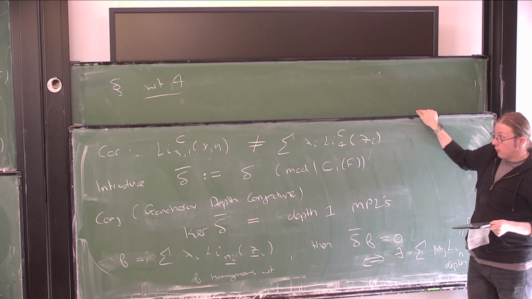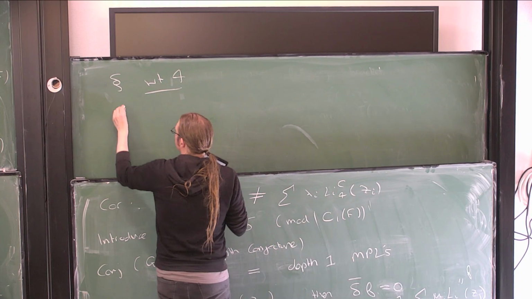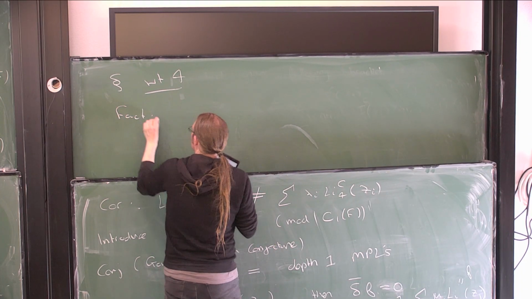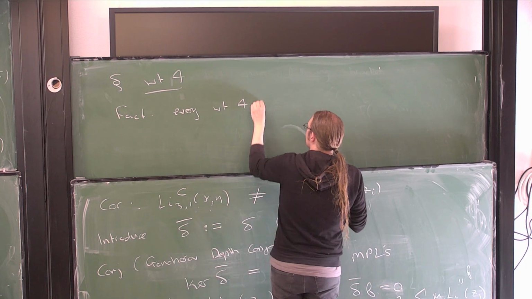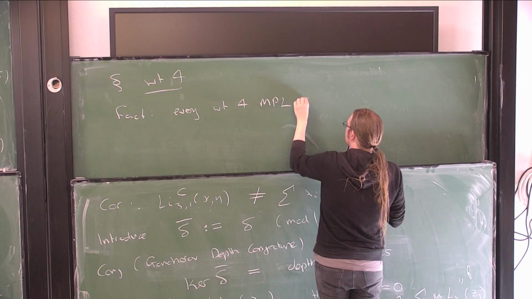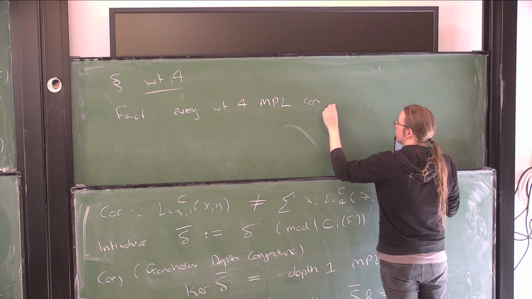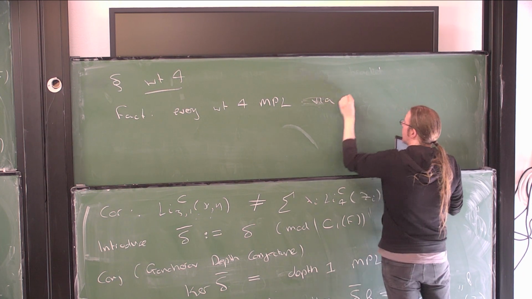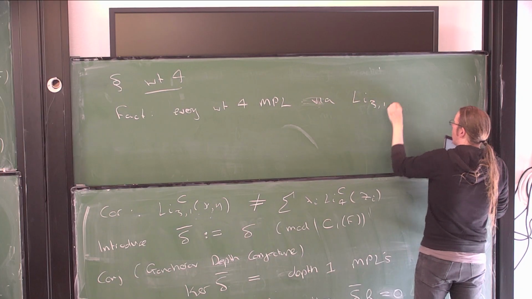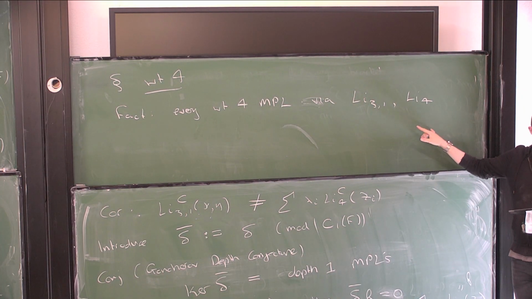The fact to go along with that is you can express every weight 4 multiple polylog via Li3,1 and Li4. So these two things are enough.